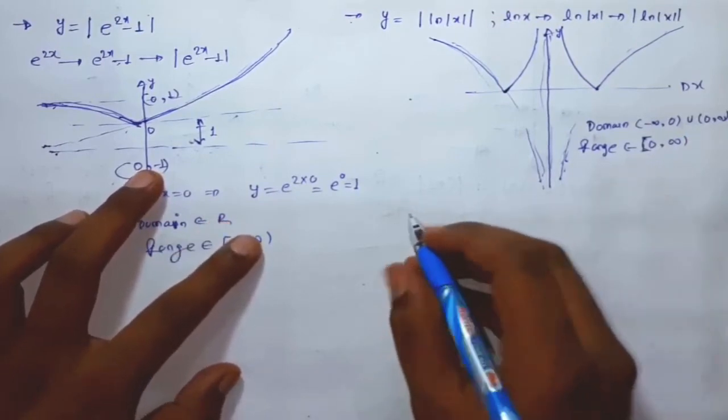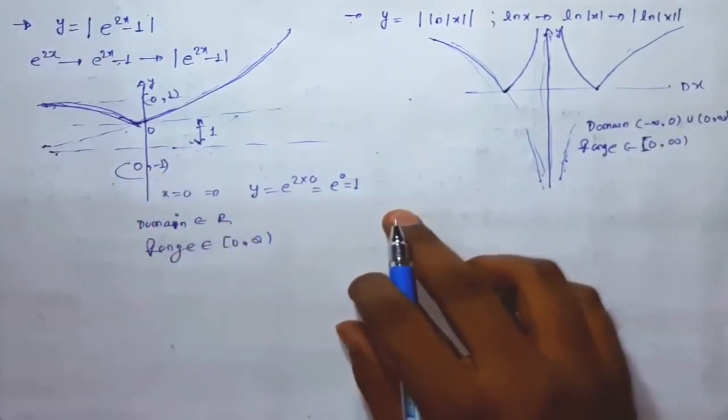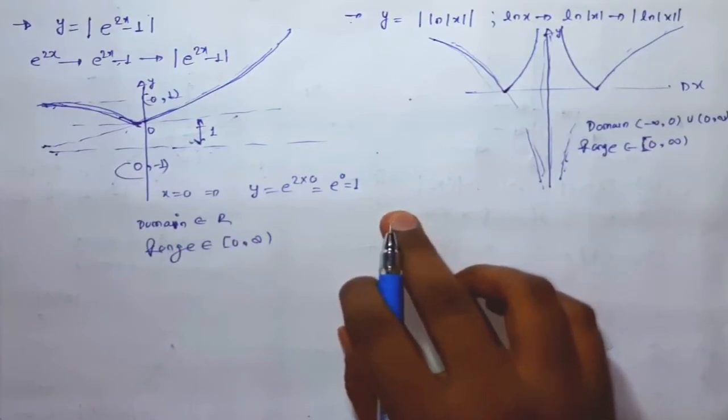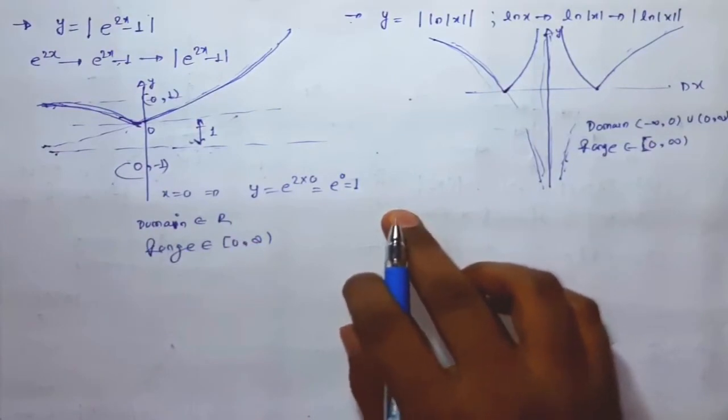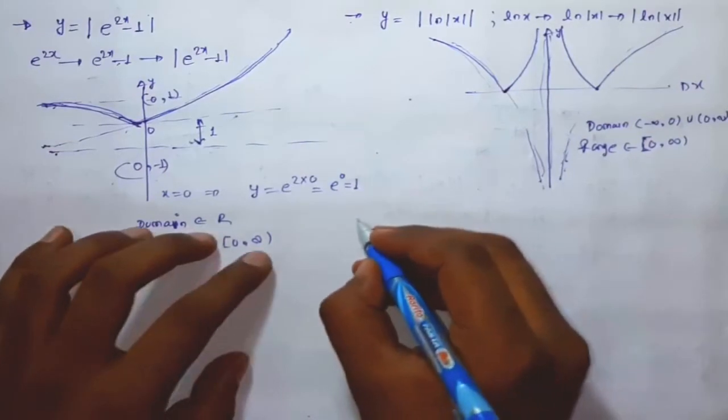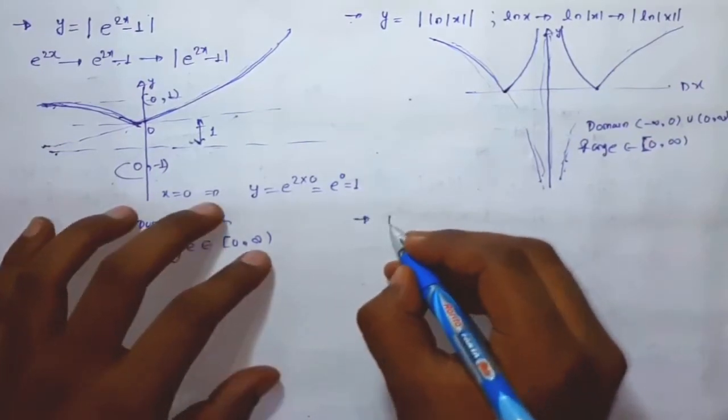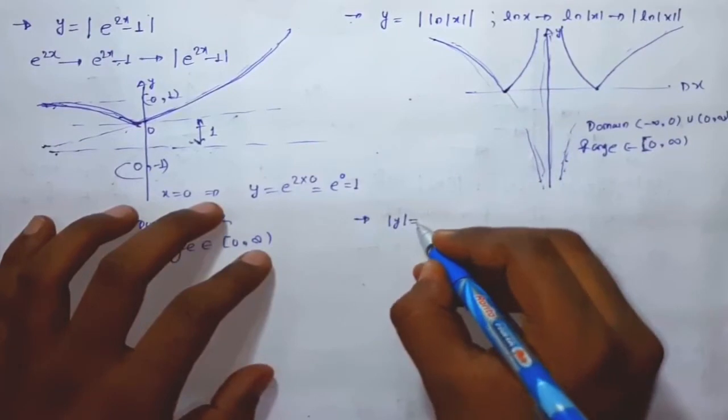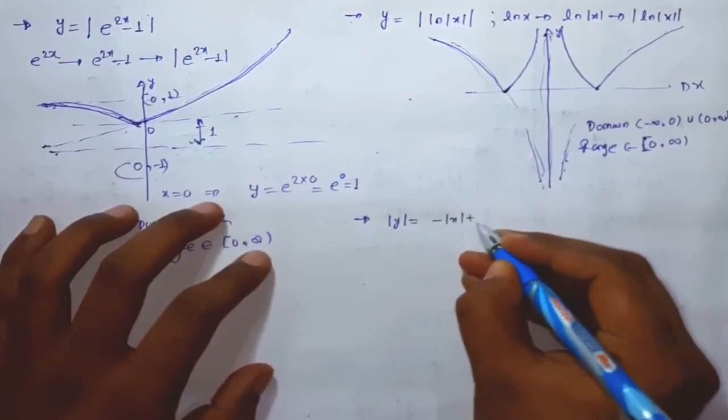So I'm going to take one more interesting example: mod of y is equals to minus mod of x plus 1. Now we need to draw this graph.